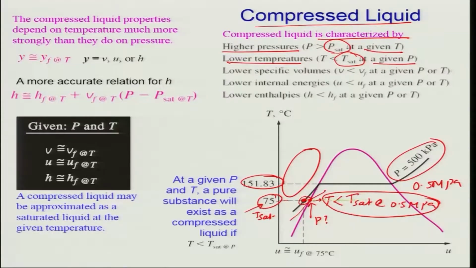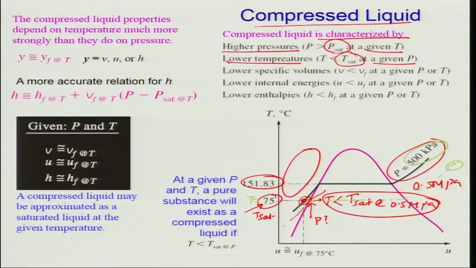It will be like this. This will be the pressure which will give you the specific temperature T here. The corresponding pressure for this particular temperature would be P, which will be less than this value.